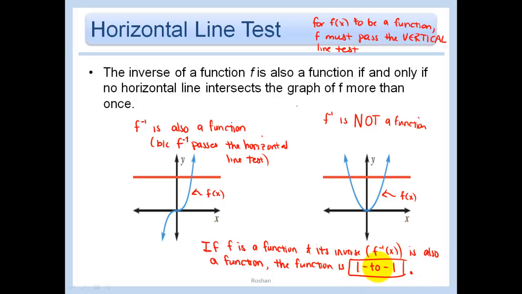So a one-to-one function would pass both the vertical and horizontal line test. Okay, so a one-to-one function passes both the horizontal and the vertical line test.